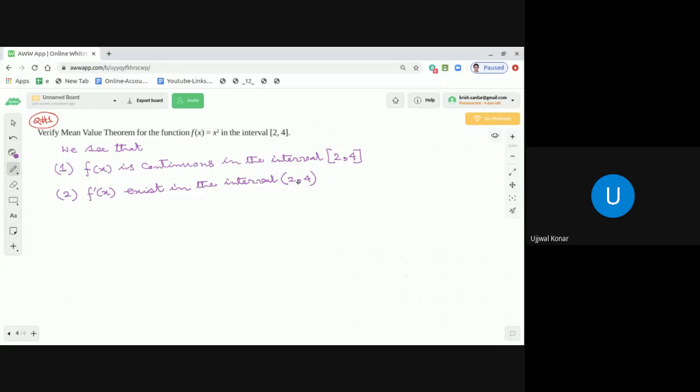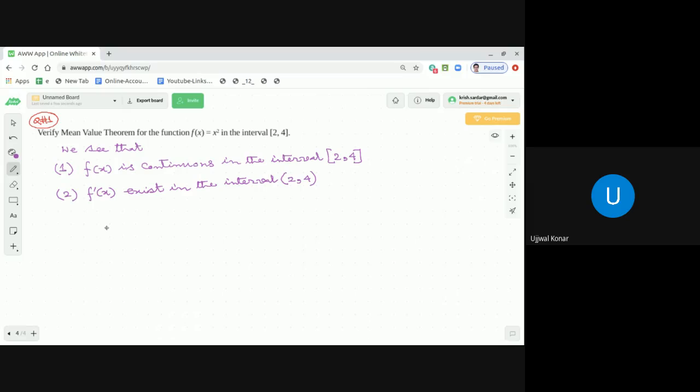Now, as these two conditions are satisfied, what can we find, dear students? Here we are going to verify that we are able to get a point between 2 and 4, so that f dash c is equal to (f(b) minus f(a)) by (b minus a).